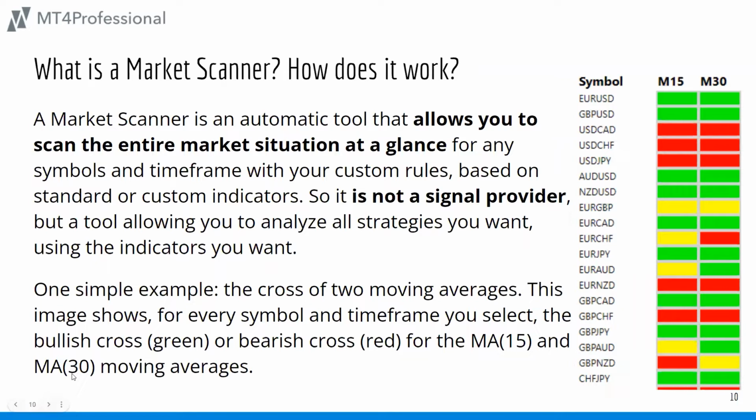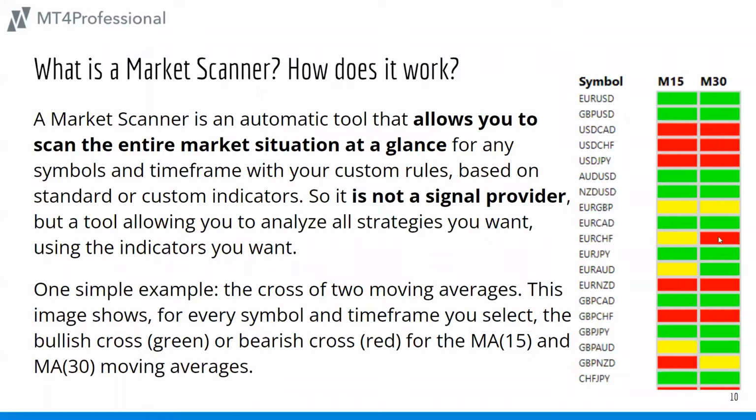So using a 15 period and a 30 period moving average, if I put together a spreadsheet with these color codes for whatever symbol and whatever time frame we're using, you can see very quickly on this spreadsheet which pairs are ready to trade and which ones are not, and the ones that are sitting on the sideline and just not quite ready.